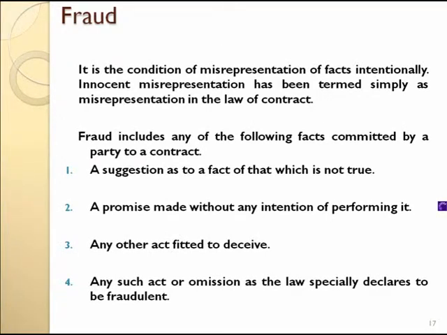Number one, if you gave a suggestion as a fact and you knew that it was not true. Secondly, if you made any promise without any intention of performing it. Third, if you have done something which is known as deceit. And fourth, any such act or omission which is specifically declared fraud by any law. So you require these four points in the case of fraud.